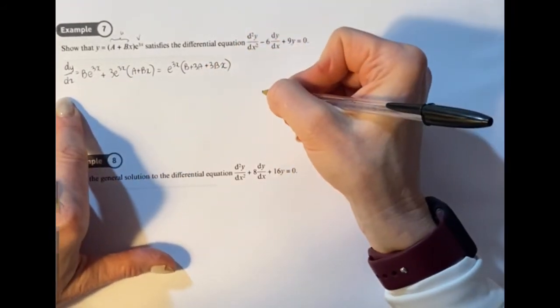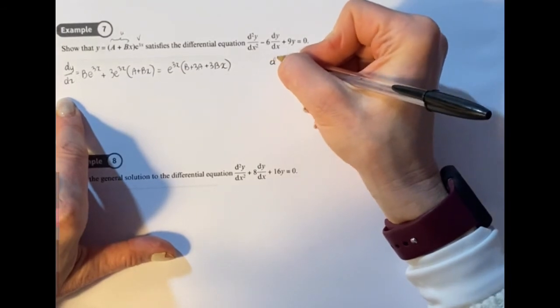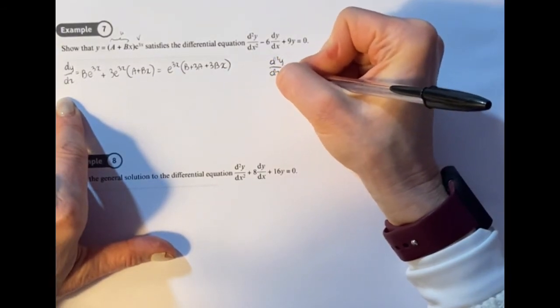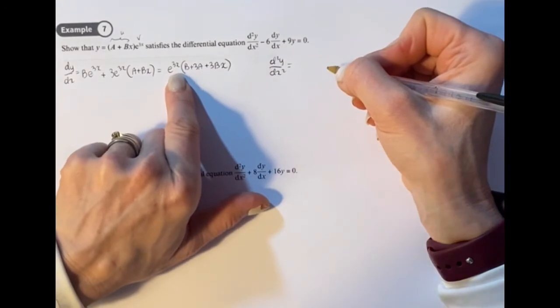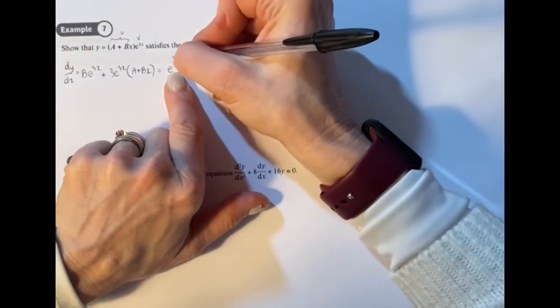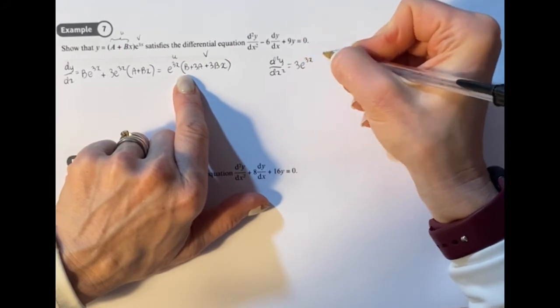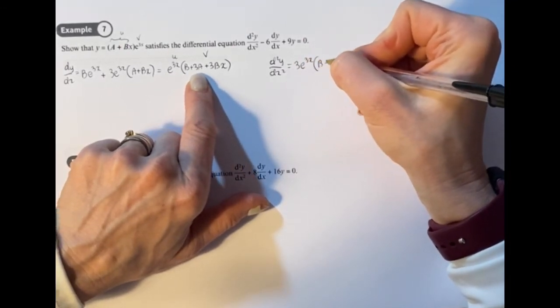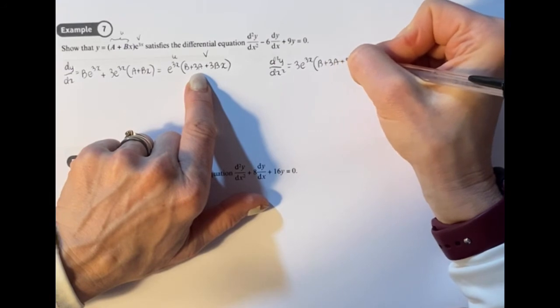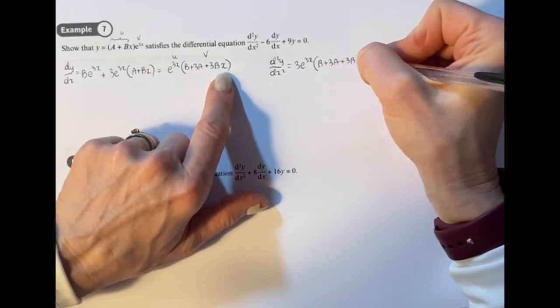Let's differentiate this again. So d2y dx squared. The way I wrote it, that will be my u this time, that's v. So it's going to be 3e to the power of 3x times b plus 3a plus 3bx.